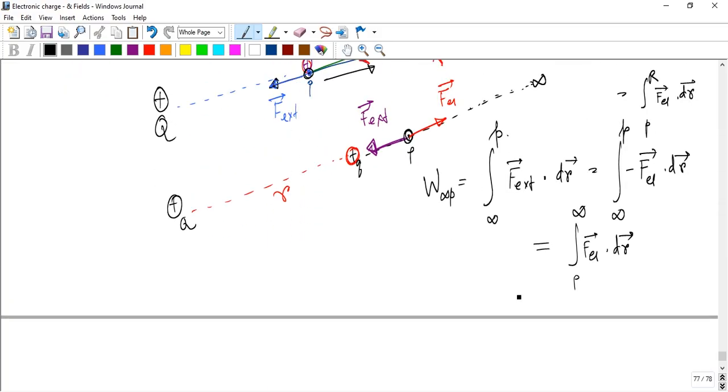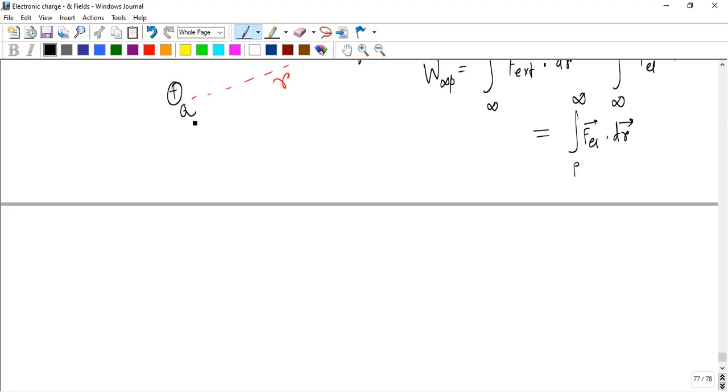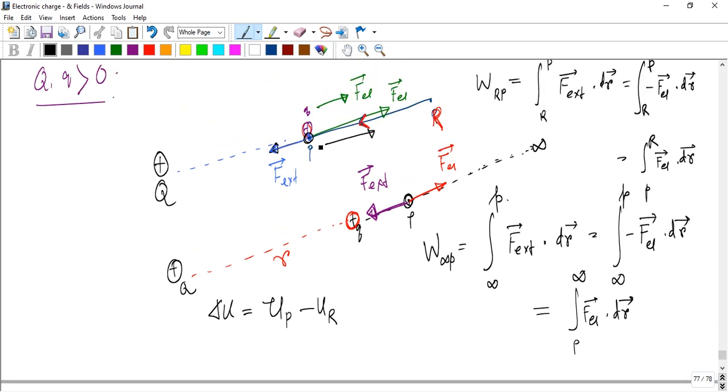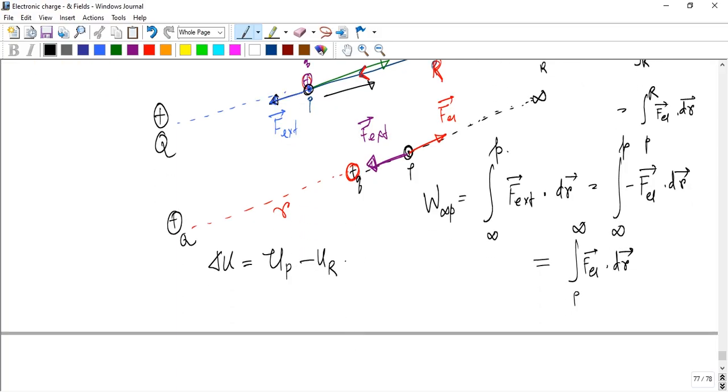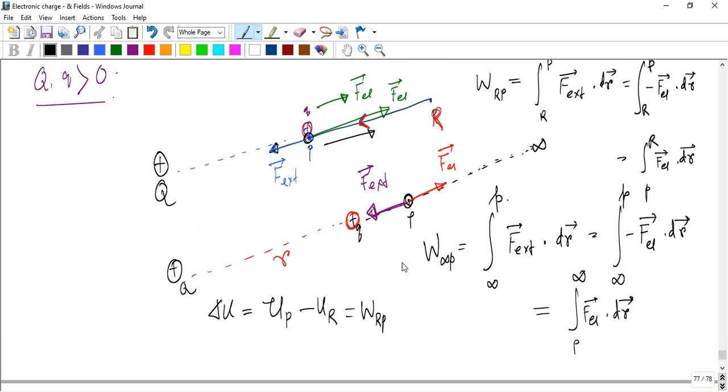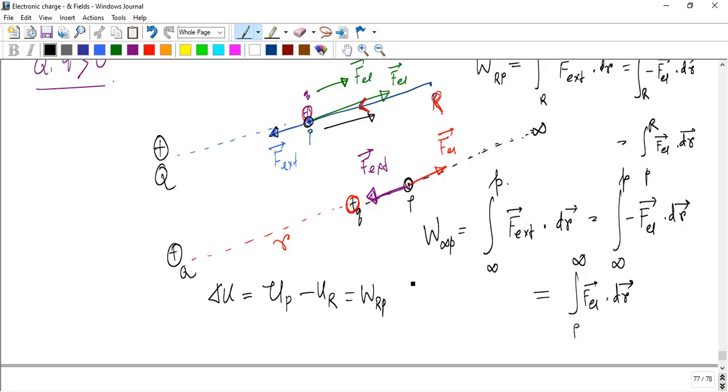In both cases the change in potential is delta U. Suppose P to R, and we apply the external force here, that is equal to W of R to P. R to P means final potential energy minus initial potential energy, similar to delta U, that is final potential U P.